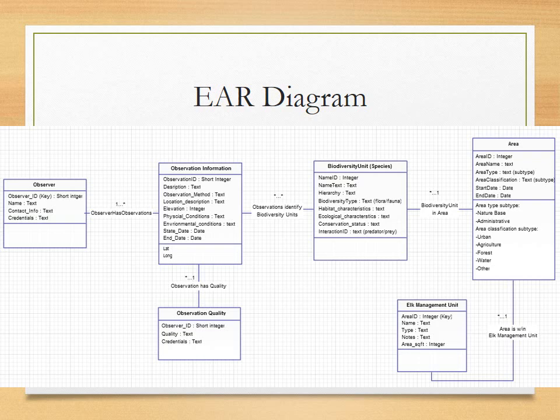Each one of these also has a relation linked to it, so for every observer, he could have multiple observations which identify multiple species. However, that observer has a different quality, whether he's accurate or not, as well as area and elk management units.